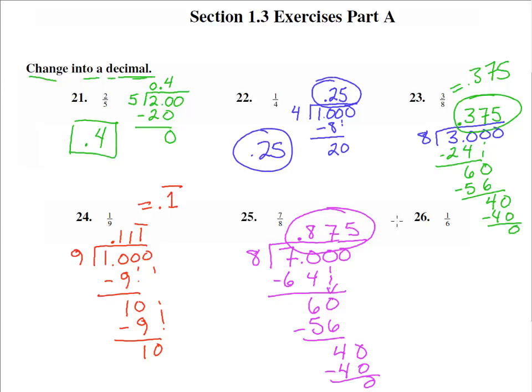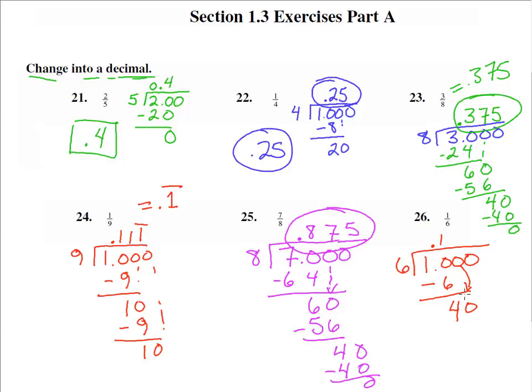And the last one. Let's do number 26. 1/6. So that's 1 divided by 6. 6 goes into 1. It does not. So we put a decimal there. 6 goes into 10 one time. 1 times 6 is 6. And subtract. 10 minus 6 is 4. Drop down this 0. And we get 6 going into 40.